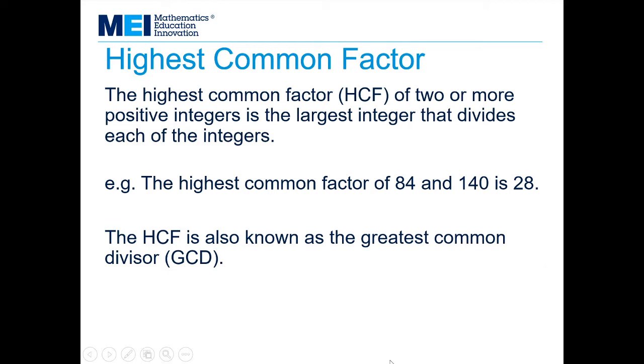Now, you might have worked this out when you were younger by working out the factor trees and looking for the prime factors, or you might have just listed all the factors and found the one that was highest. So, for example, 84 is equal to 2 times 2 times 3 times 7.